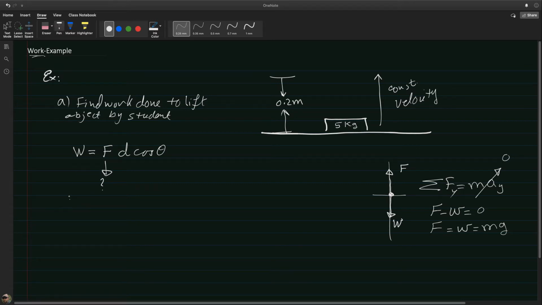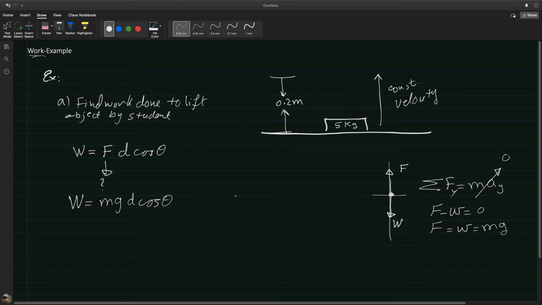So work, that's work, big W, is equal to the force, which is mg, times d cosine theta. Now, do we know everything? Let's check. The student is putting the force up, okay? So the student is carrying the book with his hand and pushing the book up with his hand.